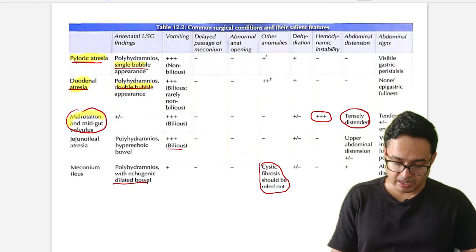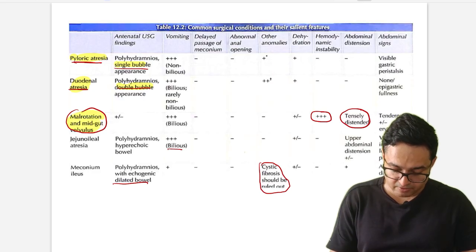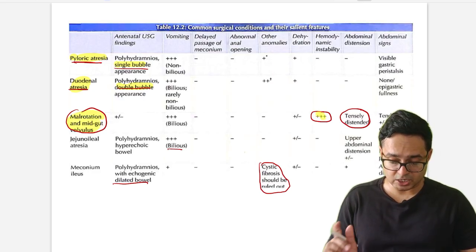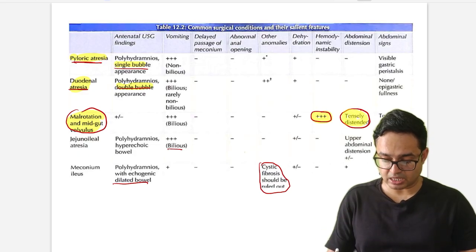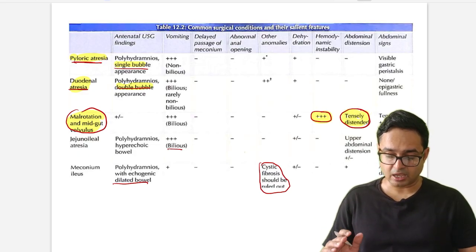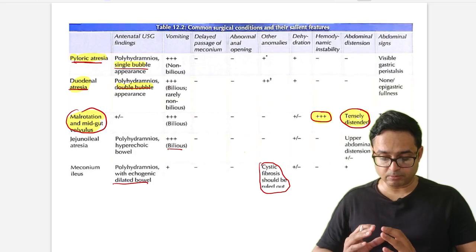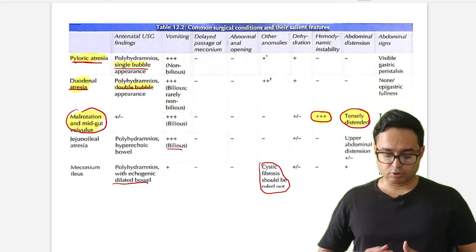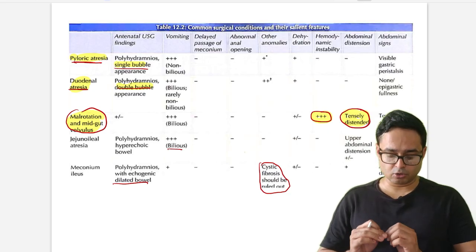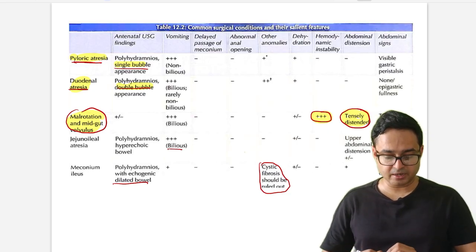Just remember malrotation with midgut volvulus. This is actually a hemodynamic instability condition, and the abdomen is tensely distended. So if you find hemodynamic instability and you are suspecting a surgical abdomen, don't forget malrotation and midgut volvulus.